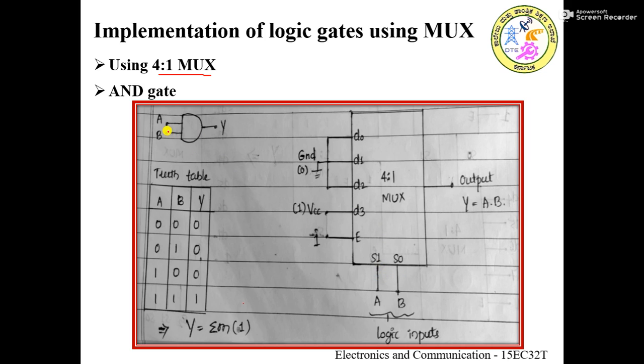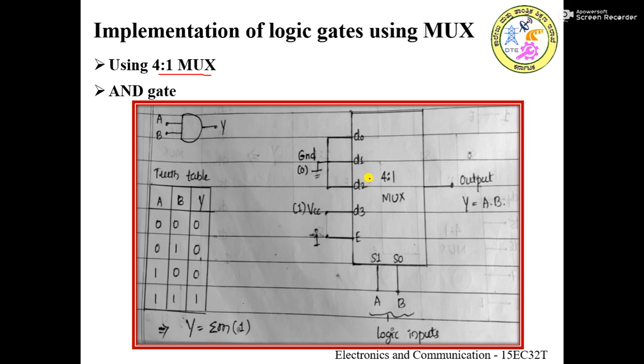We can directly map these inputs with the select line contents here. If you see the truth table of any logic gate except NOT gate, with two inputs we can have four different combinations, which will result in four different outputs.